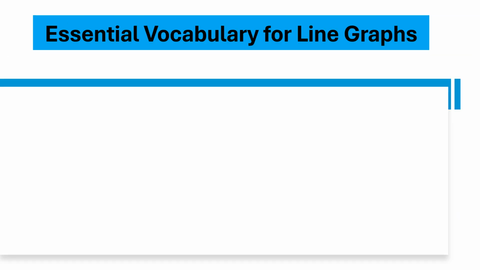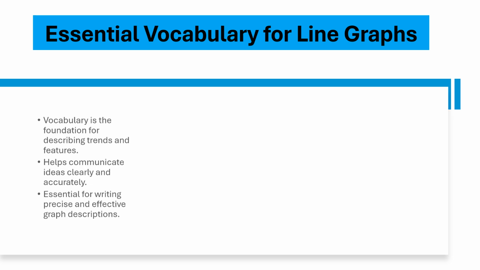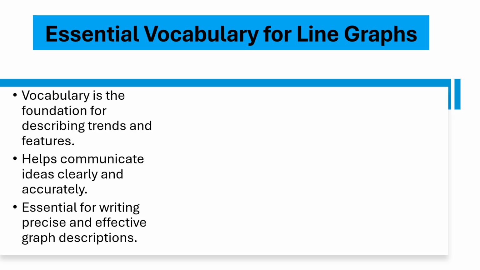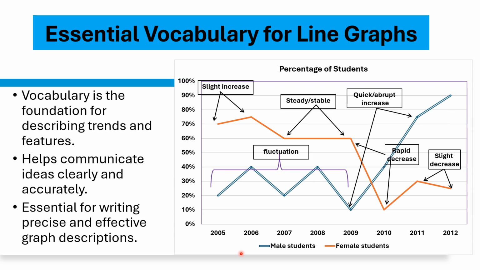Let's shift our focus now to the vocabulary used for describing trends. This vocabulary is essential for clearly and accurately communicating the movements and features of a graph. Take a look at the line graph on this slide.